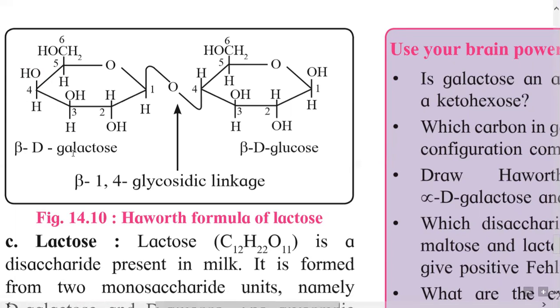Now the dash O dash bond between two monosaccharides is formed by beta OH group at first carbon and alpha OH group at fourth carbon. This glycosidic linkage is called a beta 1,4 glycosidic linkage, and this is the Haworth formula for lactose.